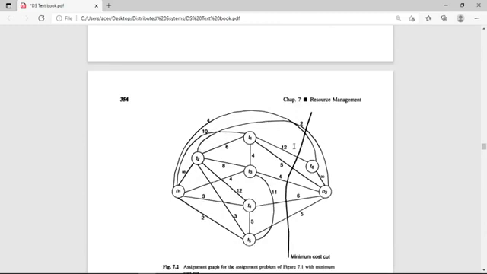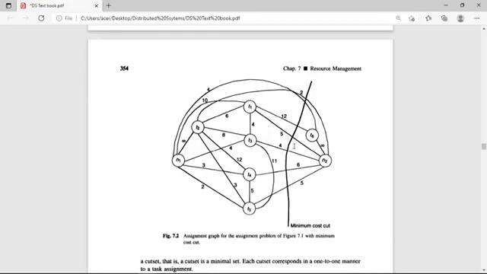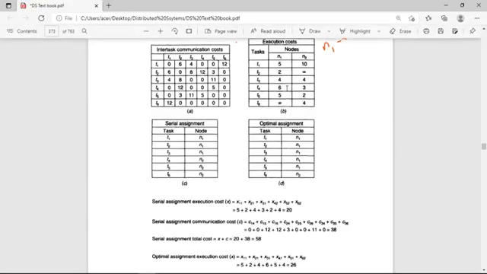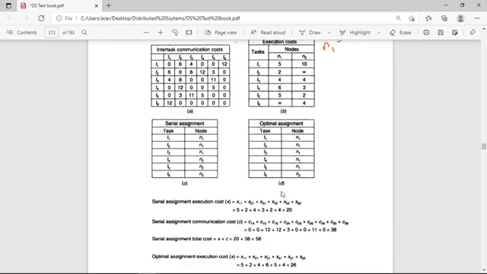T3 assigned to the cost. After that, X41. So here we are comparing the serial assignment approach with the optimal assignment approach.